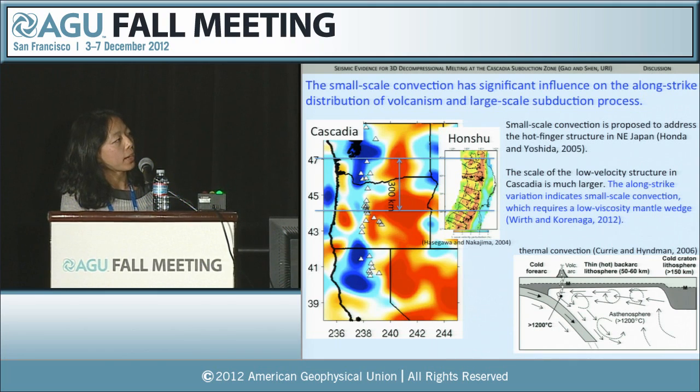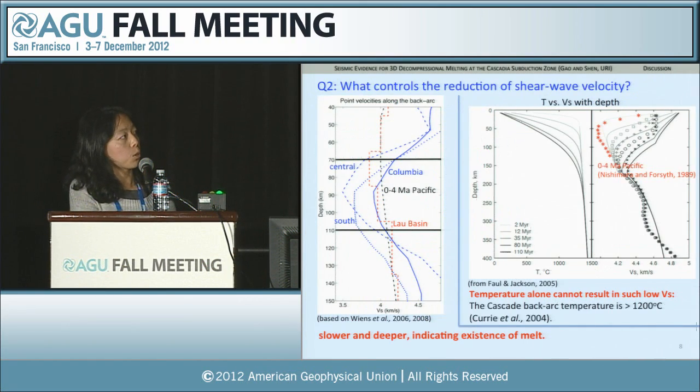The seismic pattern can also be disturbed by other small-scale convection, like shown on the lower right, the small-scale thermal convection. So the second question is, what caused such a low shear wave velocity in the Backarc?